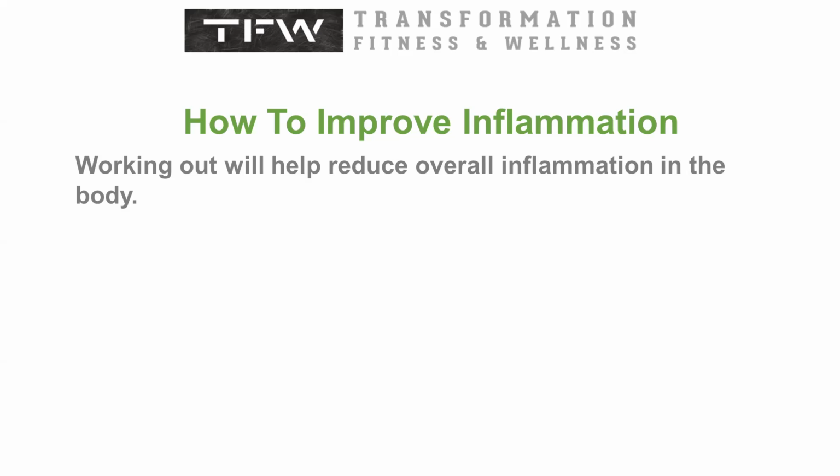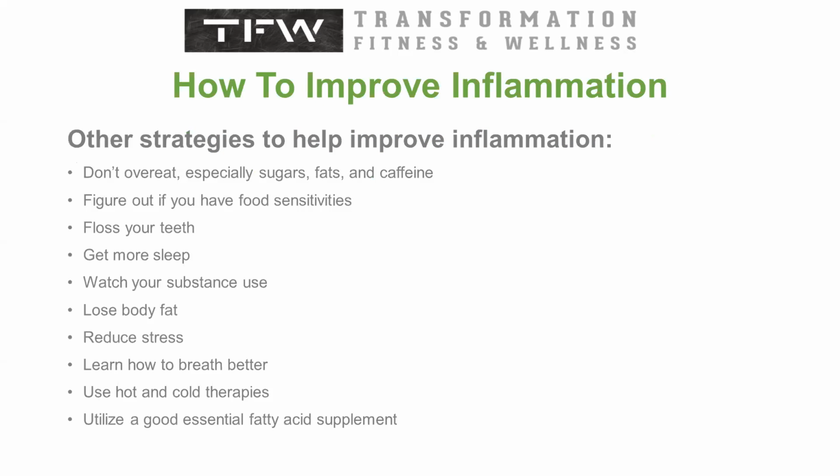And then I know I touched on some of these. I'm going to go to a bigger list of how to improve your overall inflammatory response. Obviously, don't overeat, especially sugars, fats, and caffeines. Figure out if you have food sensitivity, floss your teeth, get more sleep, watch your substance abuse and alcohol consumption, lower your body fat, reduce stress, and learn how to breathe better, so controlling your central nervous system.